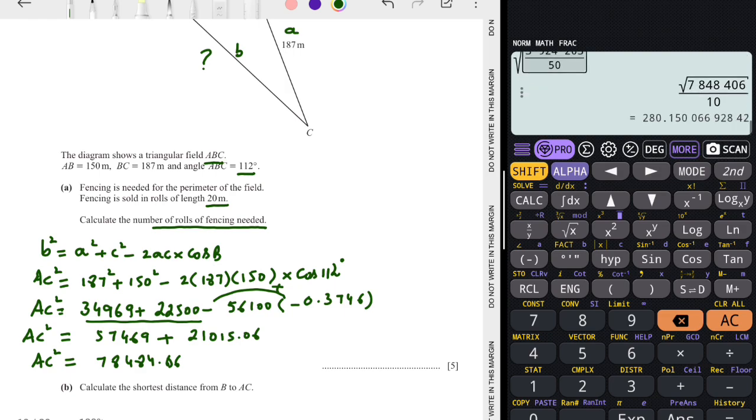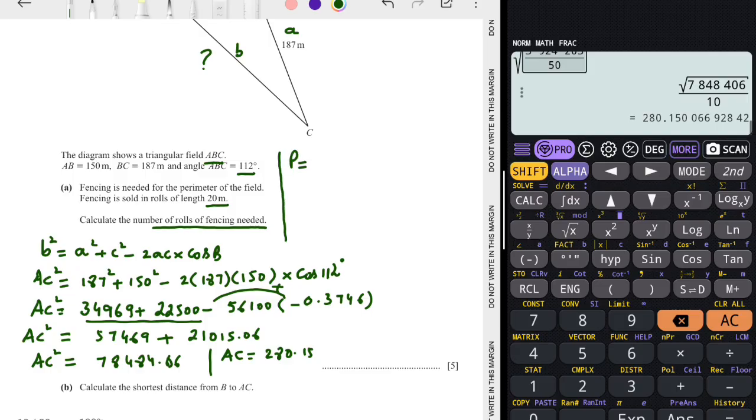So the final answer, after taking the root, would be AC is equal to 280.15. Now we have to find the perimeter, and for the perimeter we are going to add all three sides.